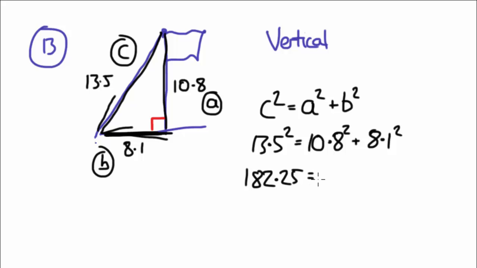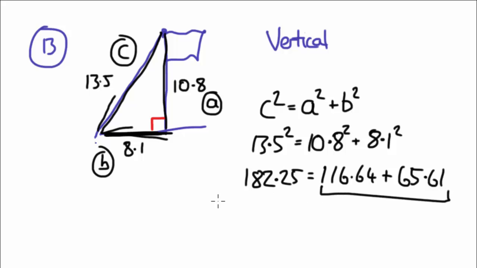And then if you go 10.8 and square that, you'll find that is 116.64. And if you take 8.1 and square that, you'll find that's 65.61. And you'll find if you add these together, 182.25 is the same on the left hand side as it is on this side.